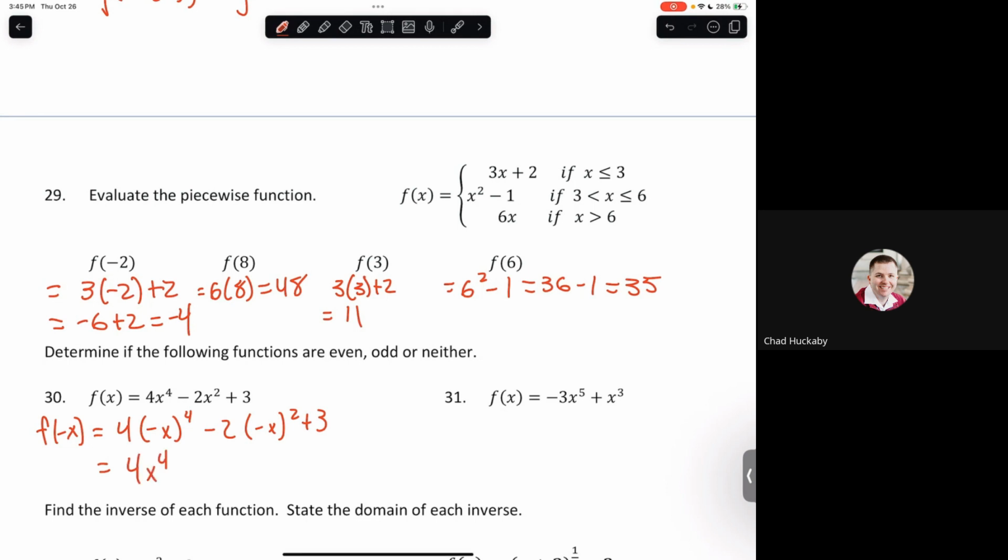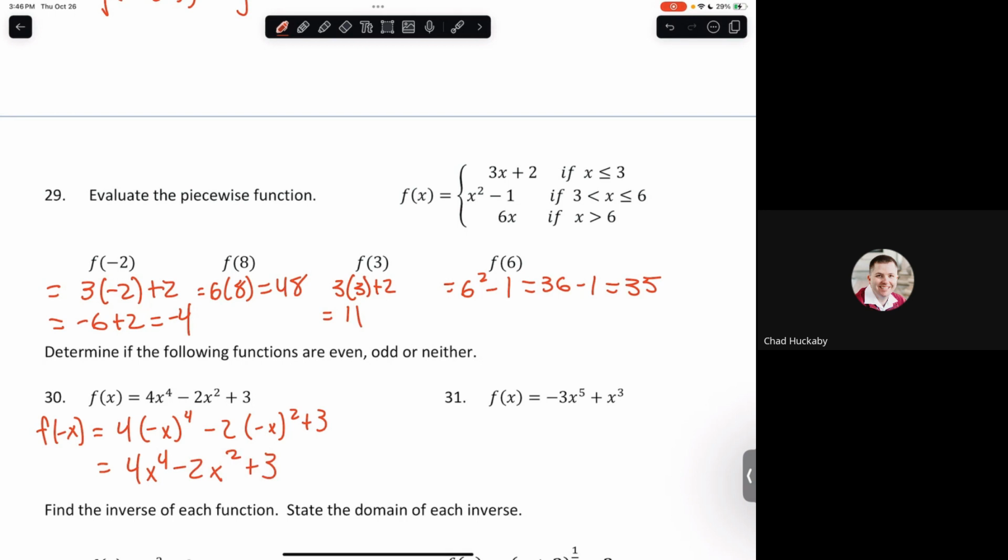It becomes positive because we have an even number of factors of negative x. If you have an even number of negatives, it becomes positive. Negative 2 times negative x squared, same story, becomes x squared. So we have negative 2x squared plus 3.